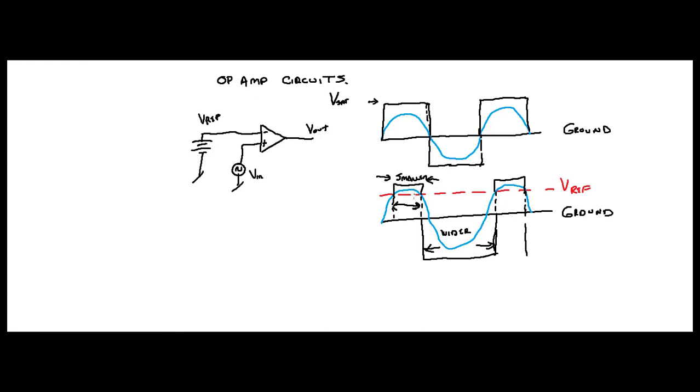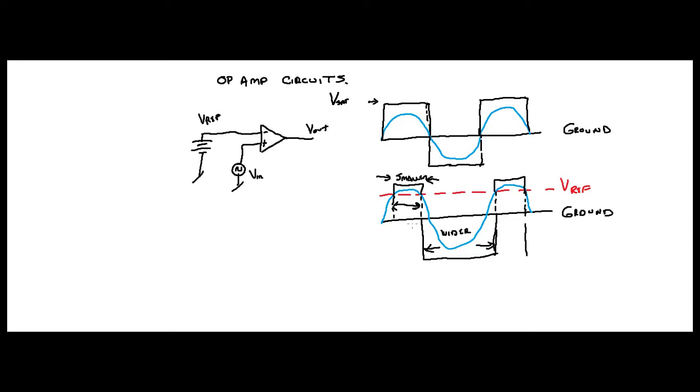Now, what would happen if the Vref voltage was negative? Well, if it was negative, obviously this part here would get smaller, right? And these parts that got smaller before, well, they would get wider, all depending on where your reference voltage was. Rather interesting, isn't it?